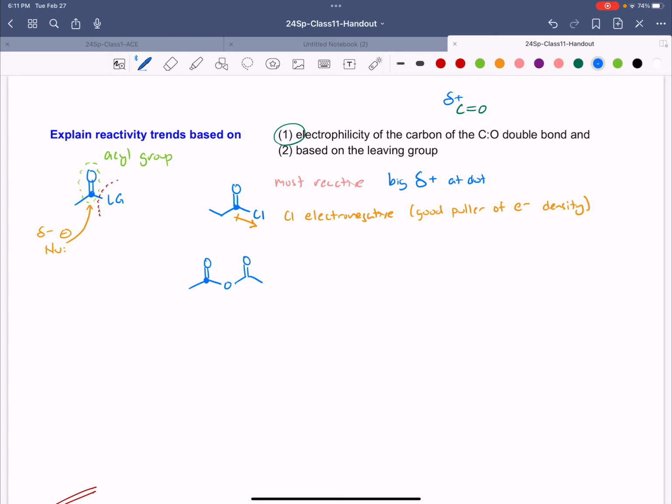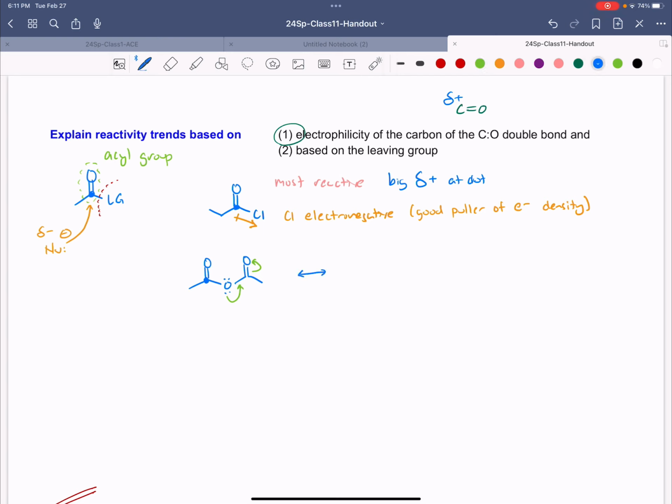What happens with oxygen is that there's a resonance, and we have to evaluate whether that resonance is making the partial positive charge bigger or smaller. The resonance that I'm looking at is this. It's not a major resonance, but it's an important one, and it does exist.